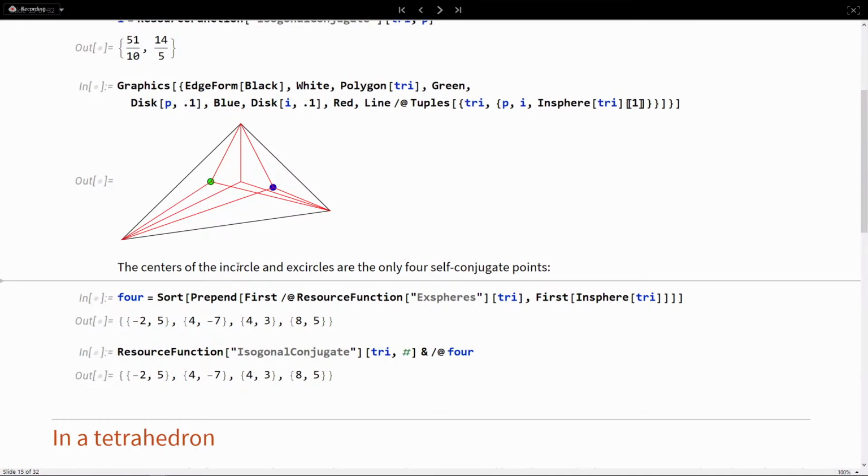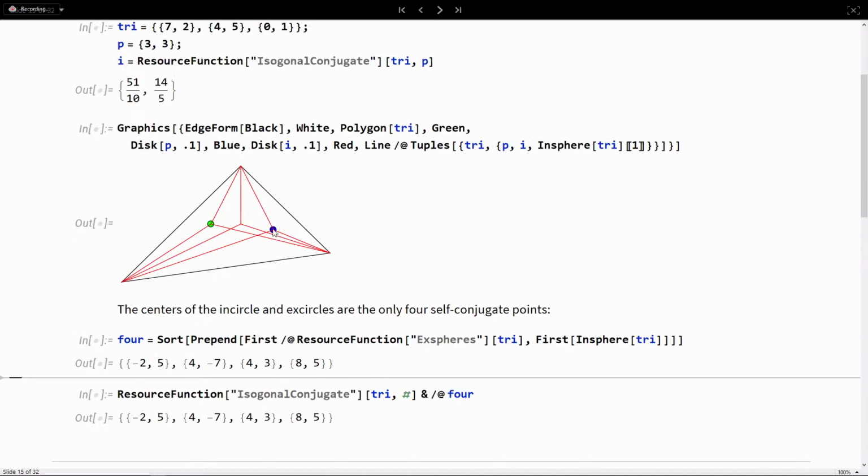The centers of the N circle and X circles are the only four self-conjugate points. So if we take the X spheres of a triangle and also add the N sphere, so here's the coordinate of the N sphere, these 4 points, if we look at the isogonal conjugates of these 4 points, we get the same points back.